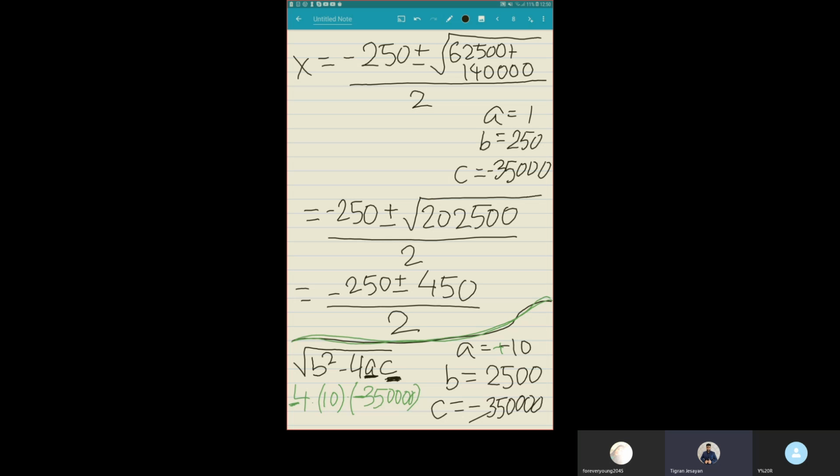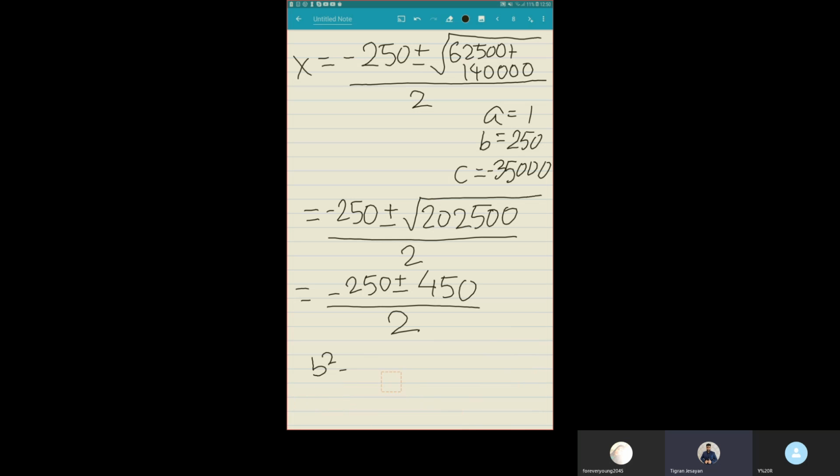That's 20,250,000. The root of 20,250,000 is equal to 4,500. So x1 is equal to 2,500 plus 4,500 divided by my 20, in this case not minus but plus.